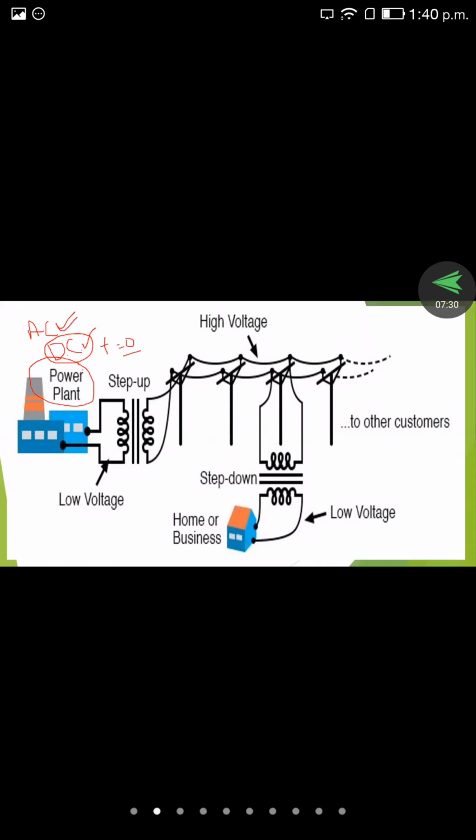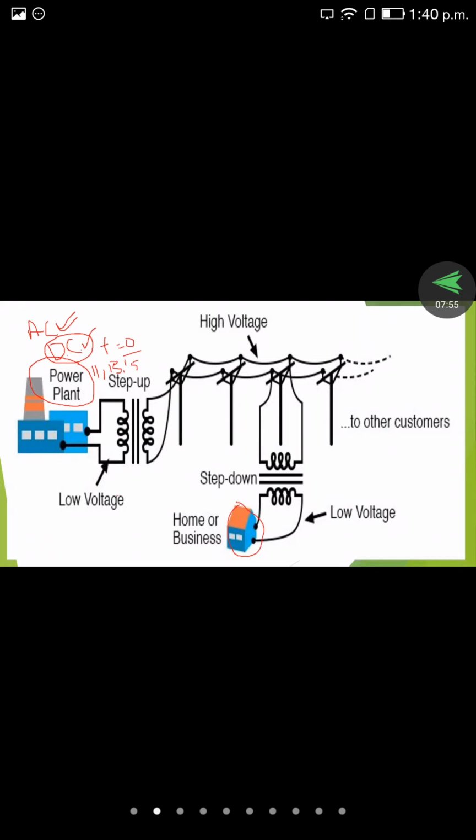For example, in a power station, generally 11 kV or 15 kV is the maximum range, 11, 13, 15 kV. In these ranges only the power can be generated. Then it is stepped up and stepped down into different categories, and finally it reaches the consumer.